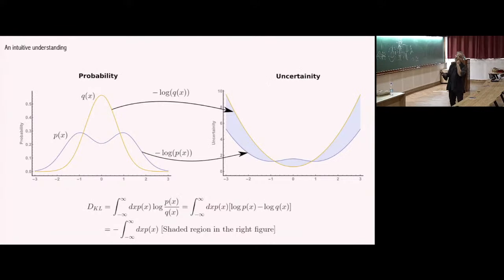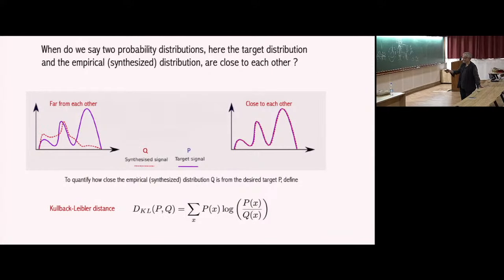To get an intuitive feeling, let's plot the probability distributions. Let's take an example. This is P, having two humps here, and this is Q. P, remember, is the target distribution that you want to achieve, and Q is the synthesized distribution. Now we'll compute the terms in the definition given here.